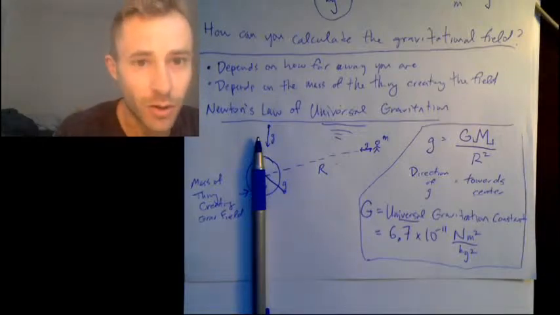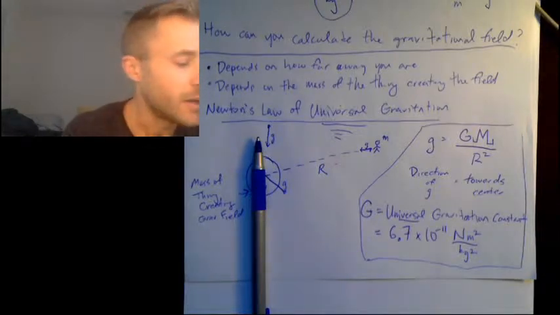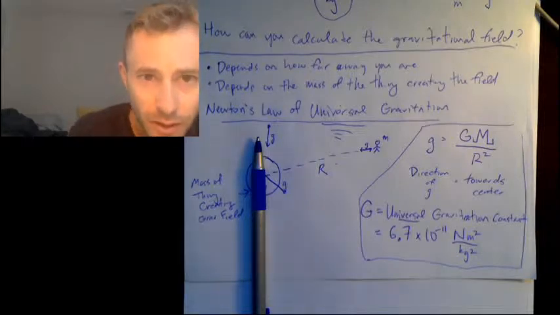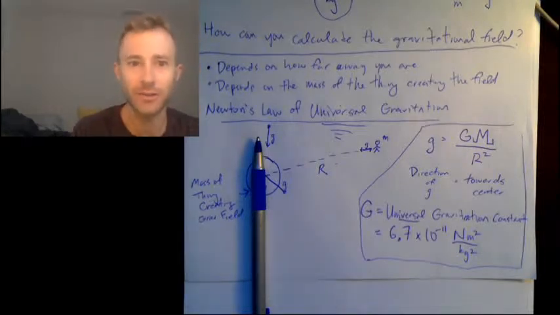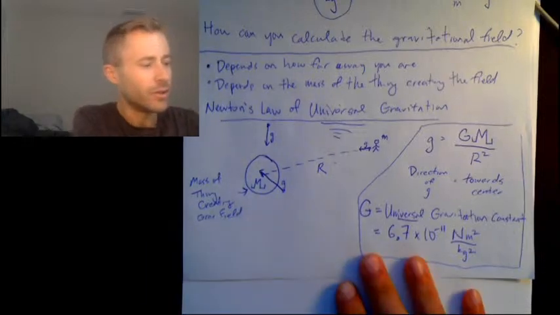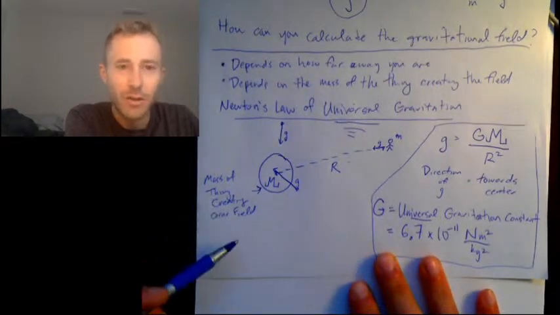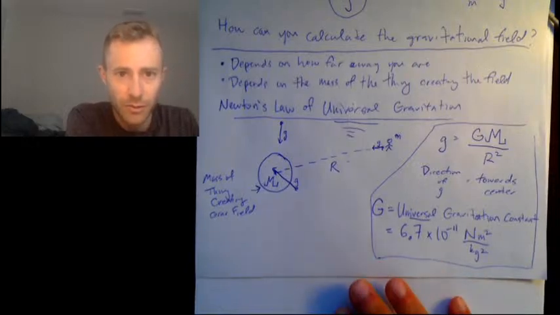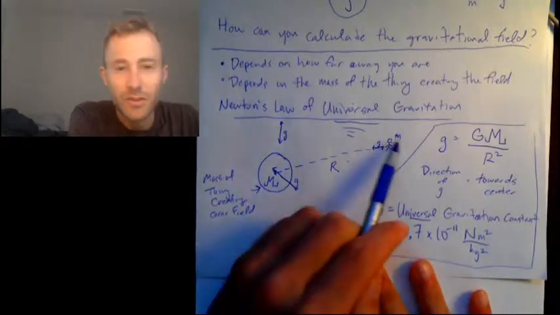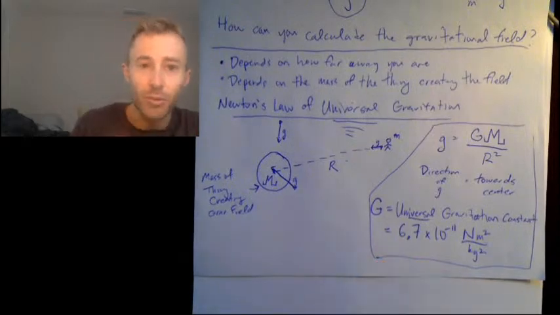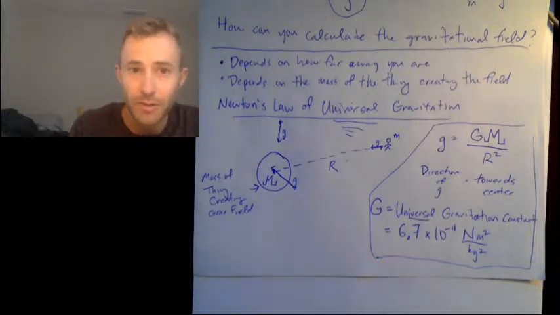And furthermore, what Newton said is that everything that has mass creates a gravitational field. So you might notice that big M is the mass of the thing creating the gravitational field. And little m is the mass of the thing experiencing the gravitational field. But really, that's just a matter of perspective.